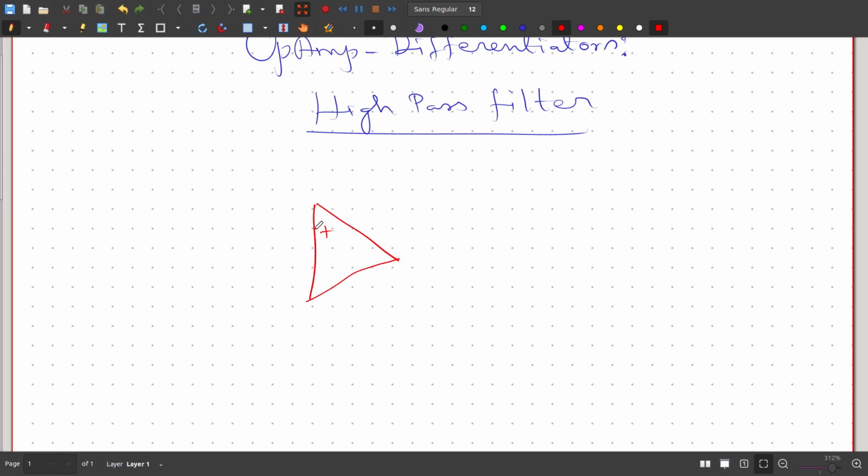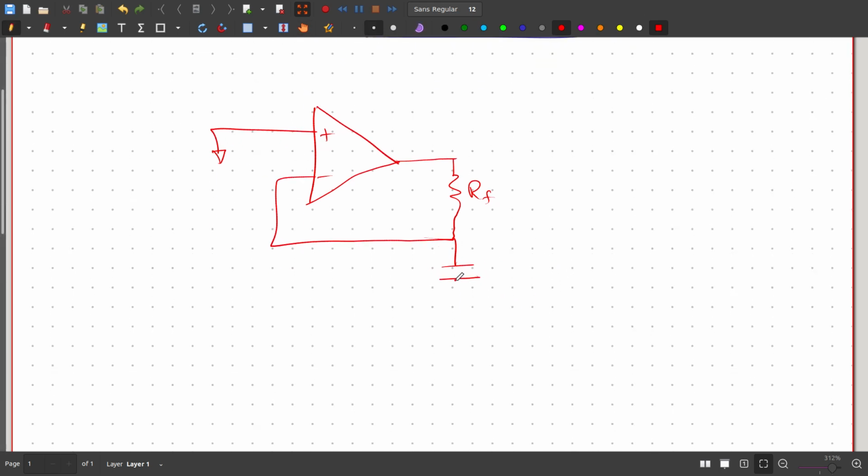In the differentiator, the non-inverting terminal is grounded and the inverting terminal is connected through a feedback resistor to the output, and this is RF. The input is fed through a capacitor. So this is the input capacitor Ci of reactance Xc.